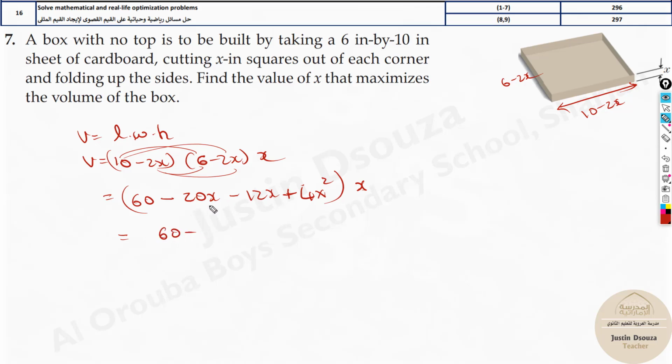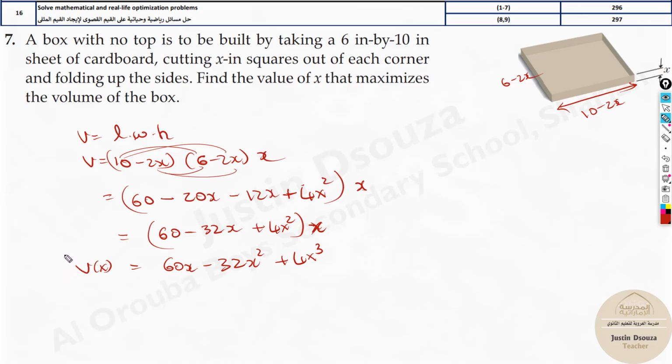It will be 60 minus 20x minus 12x, which is minus 32x, plus 4x squared, all multiplied by x. Now multiply the x inside. It will be 60x minus 32x squared plus 4x cubed. This is how we get the volume with respect to x.